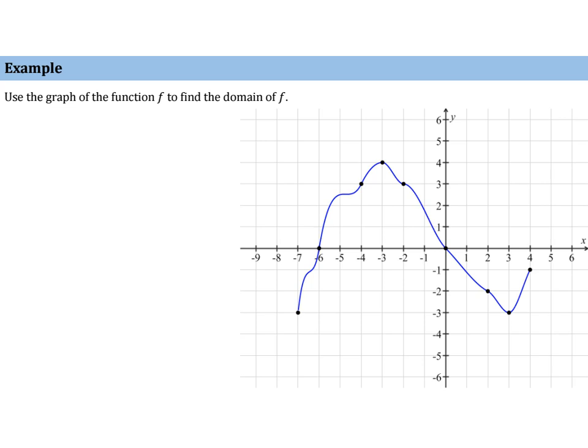Now, what is the domain of our function? Take your curve and smash it to the x-axis and see what you get. Pause the video and see how you fare. So if we go left to right, and we smash our curve all toward the x-axis, what do we get?